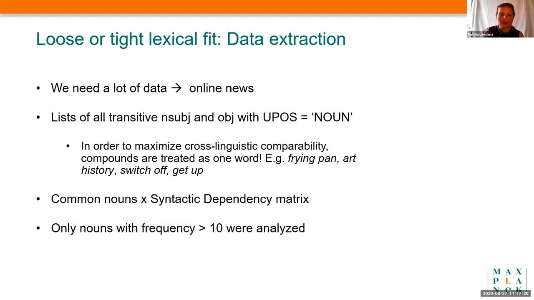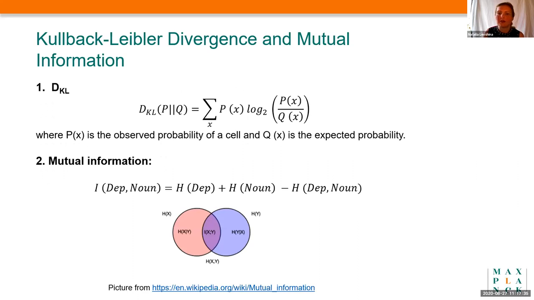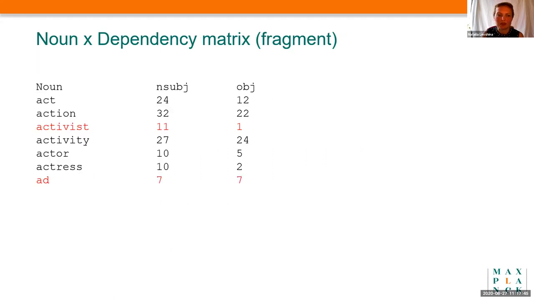So there was a matrix for each language with nouns and these roles, subject and object, and the frequencies of those nouns. Then on these matrices, I computed Kullback-Leibler divergence and mutual information, which are identical in this case. I won't go into these mathematical details because I don't have time.